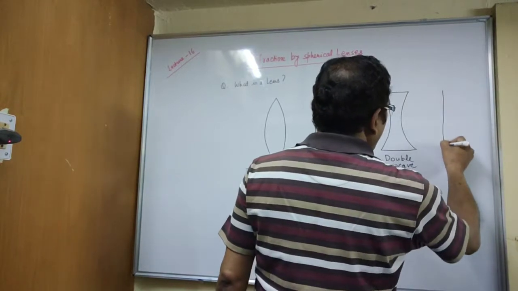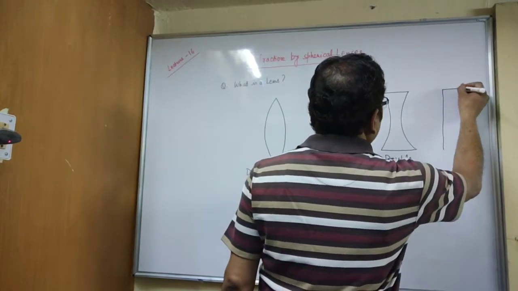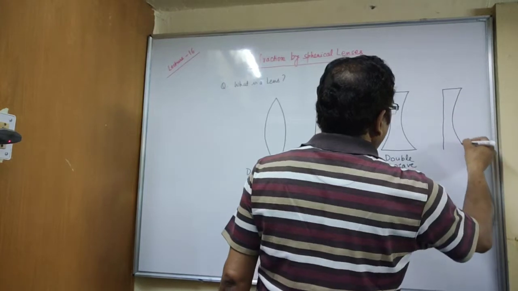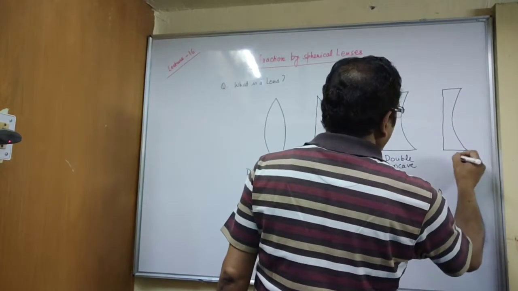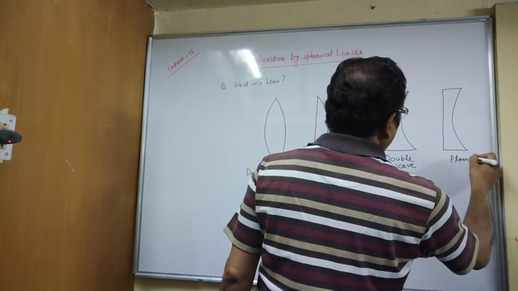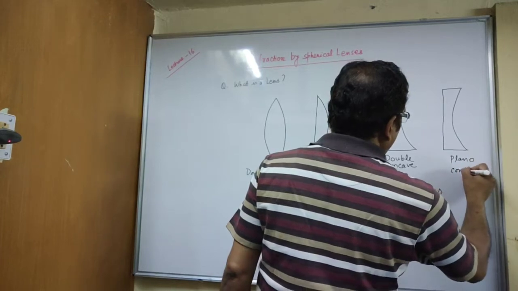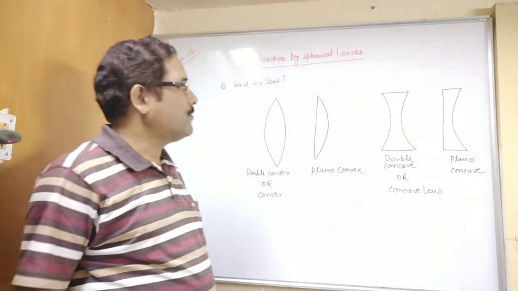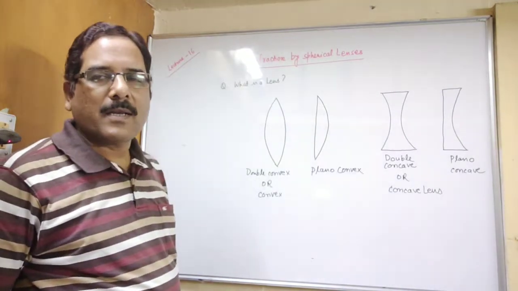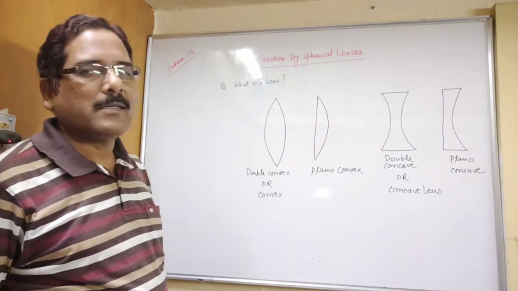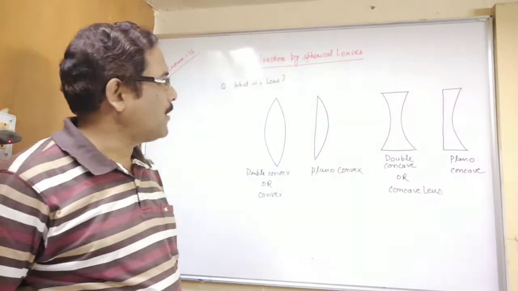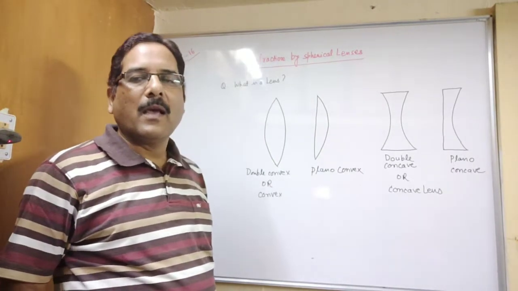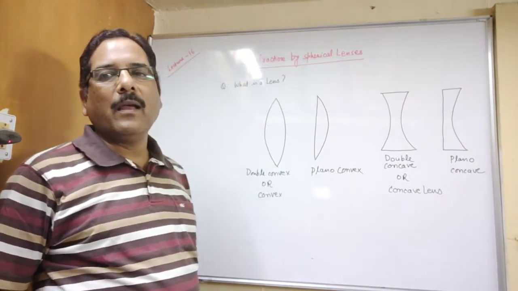Then one surface is plane and another is concave, so it may be a plano concave lens. So in the last class, as we have discussed, a lens is a transparent material bounded by two surfaces, out of which one should be spherical.